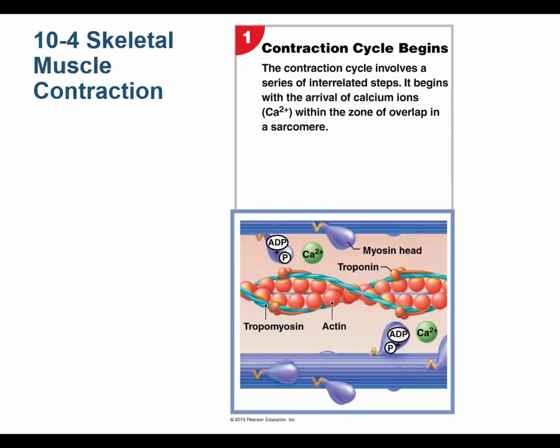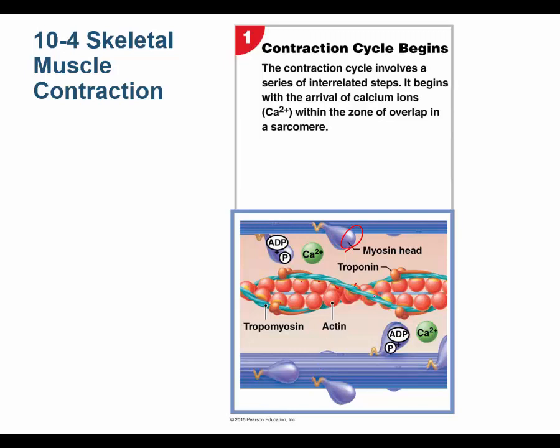First of all, these yellow areas on my actin, they are myosin head binding sites. So this myosin head right here would love to bind that yellow, but it can't because my tropomyosin molecule is in the way. See how my tropomyosin is in the way? Well, how do I get that tropomyosin out of the way?